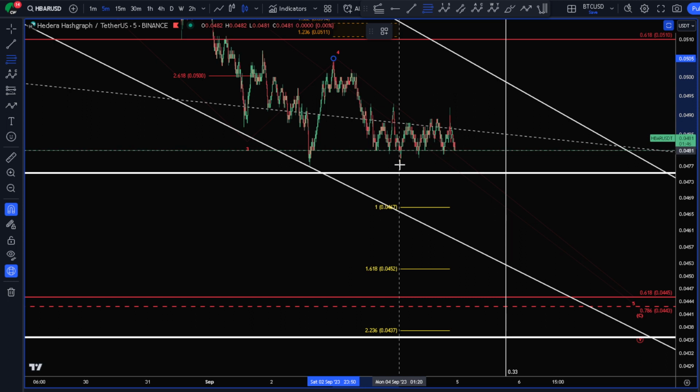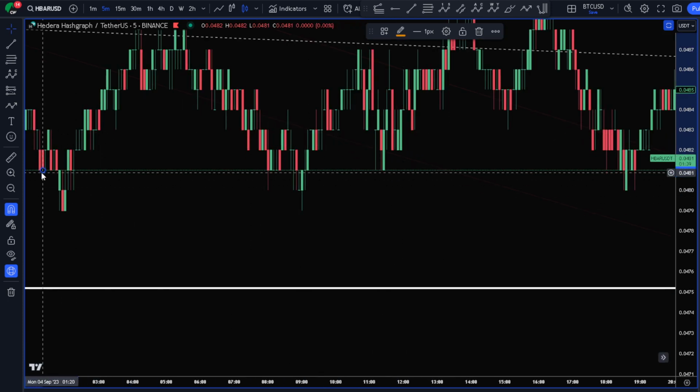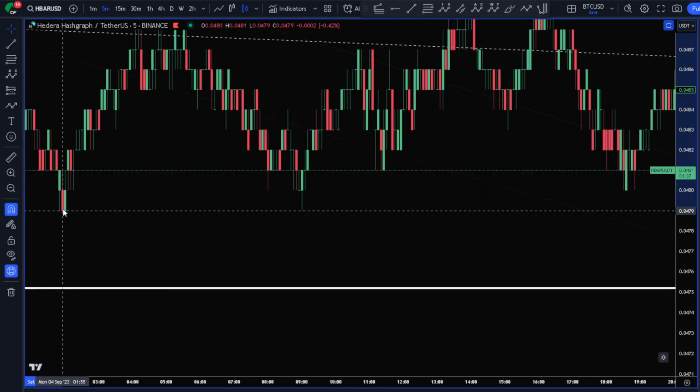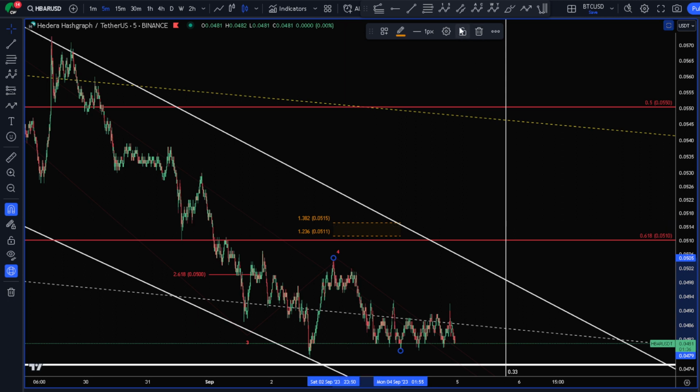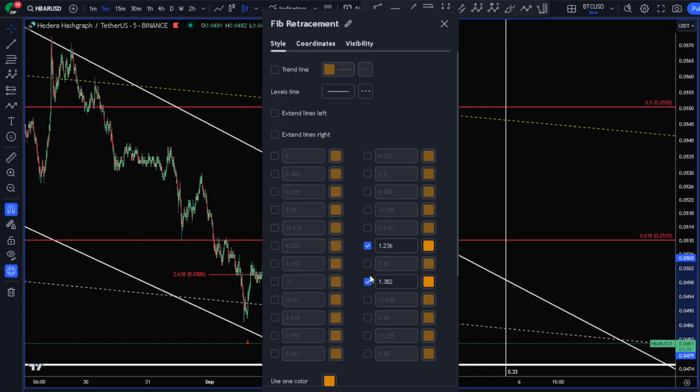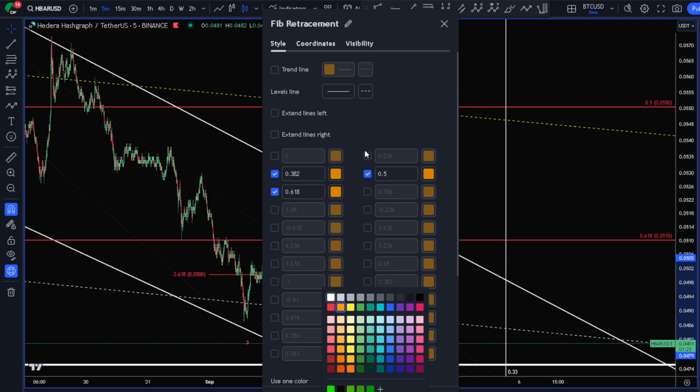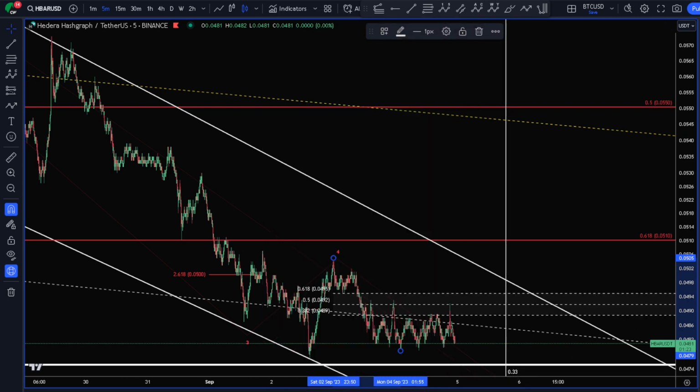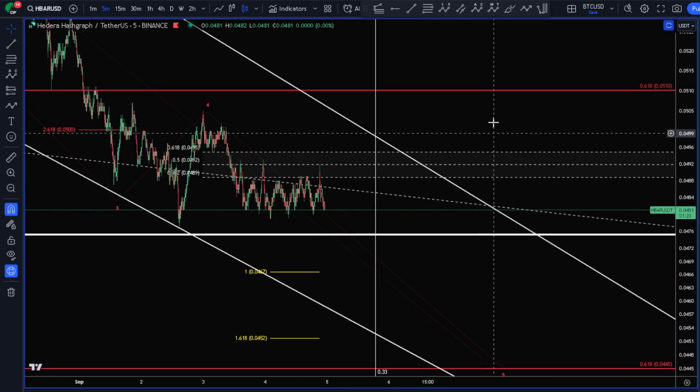I'll just do it in real time for you. Just bear with me. Right on the low there, we got our 50, 382, and our 60. Put that in white so we can see it. Extend that. So hitting pretty ideal there.